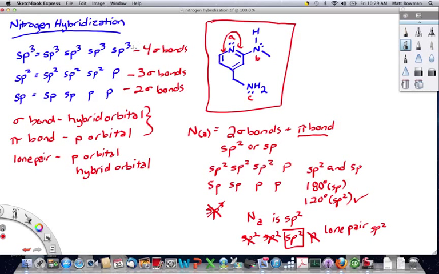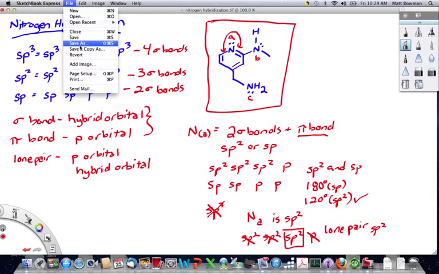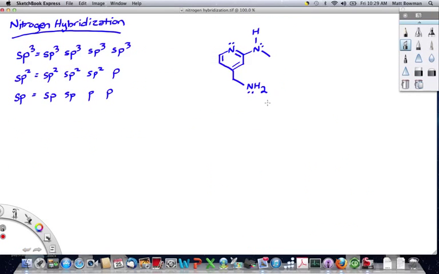Okay. Now, let's take a look at nitrogen B. Nitrogen B, right here, has three sigma bonds to it, meaning that it needs to have at least 3 hybrid orbitals.